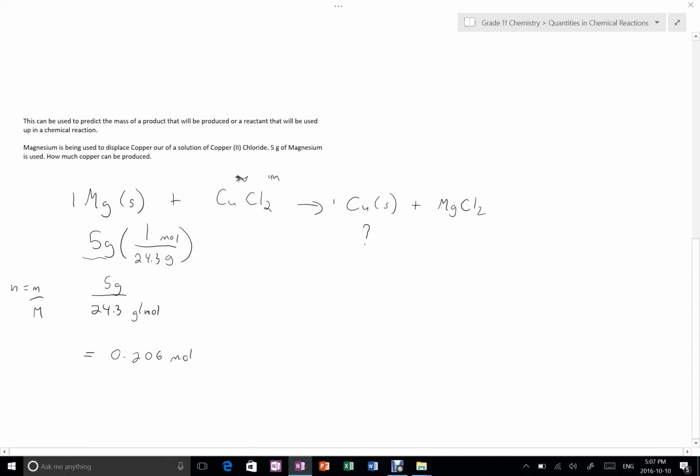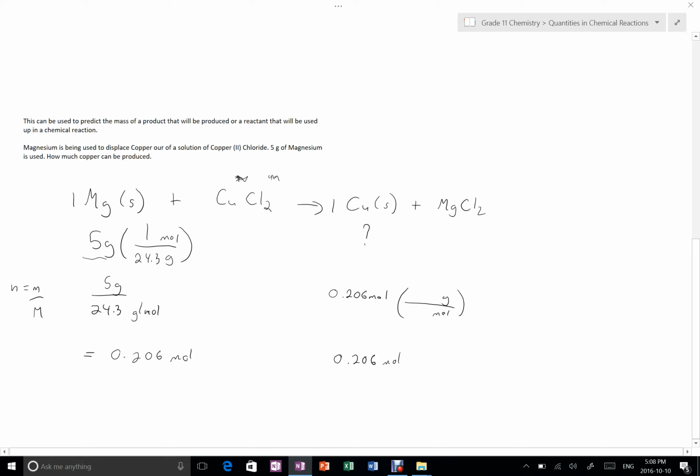Magnesium is in a 1-to-1 ratio with copper. So that means for every 1 mole of magnesium, I have 1 mole of copper. Or for every 0.206 moles of magnesium, I'm going to get 0.206 moles of copper. Now I want to convert that moles back into a mass of copper. So that means I want to divide out moles on the bottom and produce grams on the top.